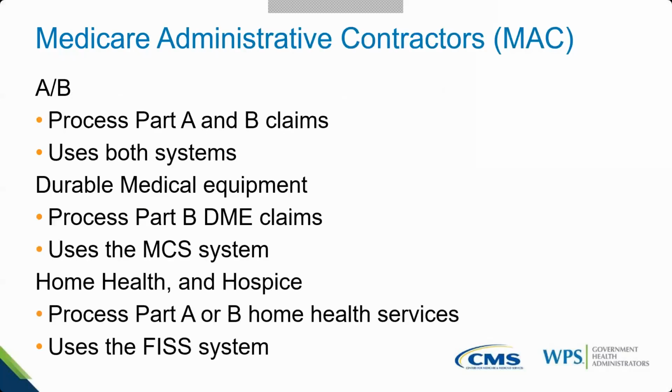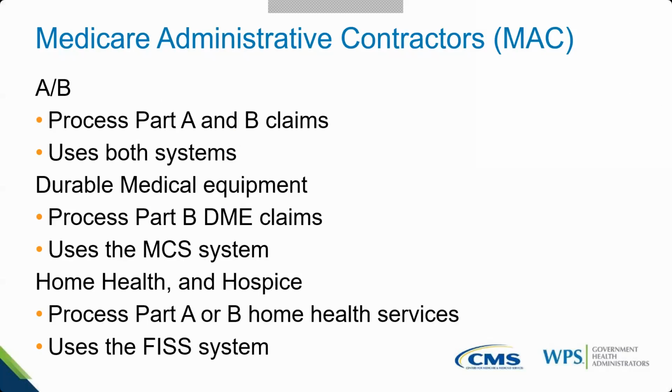So the Medicare administrative contractor who processes claims processes both Part A and B claims, and we do use both systems. This means we do have access to both systems. The durable medical equipment Medicare administrative contractor also processes claims, but their claims are specific to durable medical equipment codes, and they are defined.